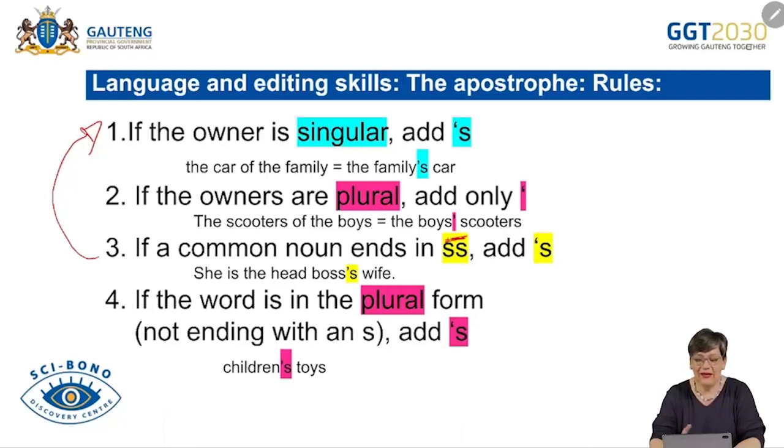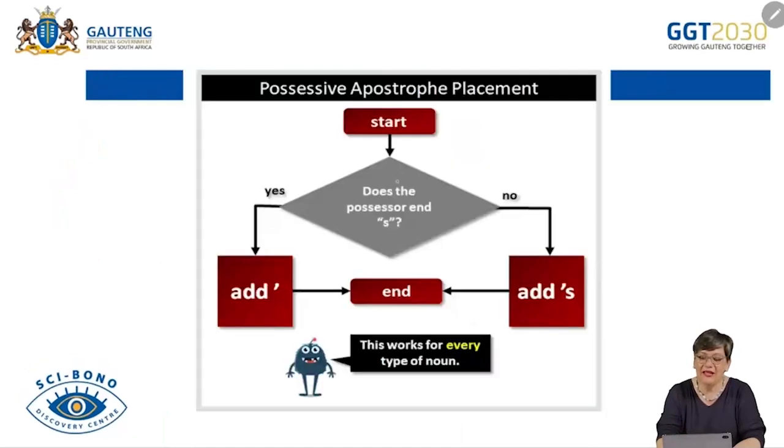We start at the beginning. And the first thing you ask yourself is: does the possessor end with an S? So that's your question. Does the person who something belongs to end with an S? So let's say yes.